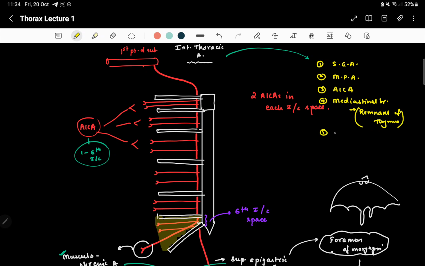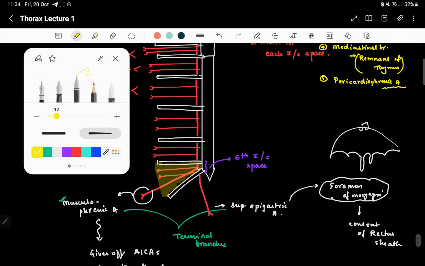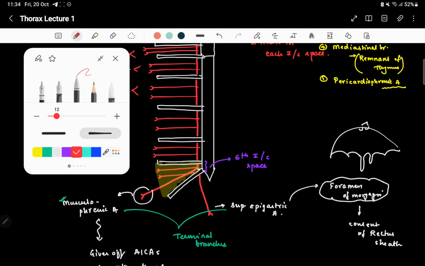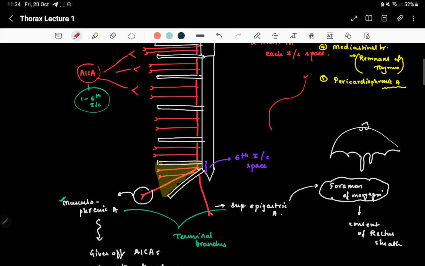Then we have the pericardiophrenic artery. This runs along with the phrenic nerve. So let's say this is a pericardiophrenic artery and this must be your phrenic nerve lying with it.